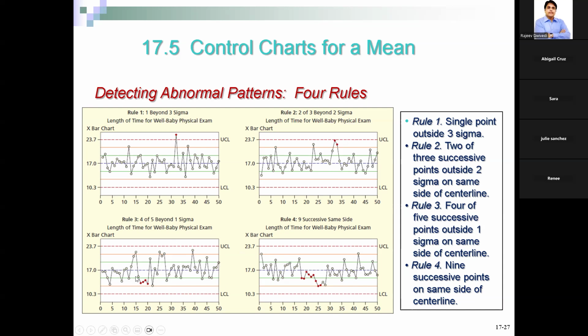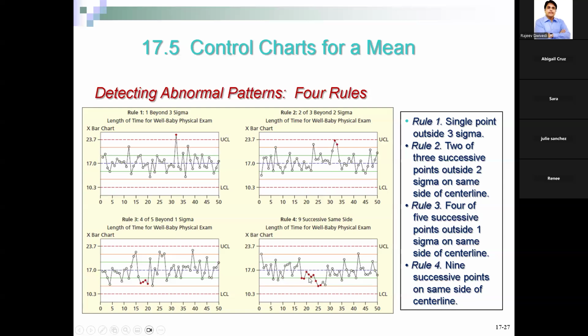Here, look into these things. It says 4 of 5 successive points outside 1 sigma. So this is 1 sigma, and 4 points are outside this. And the fifth rule is 9 successive points on the same side of the central line.